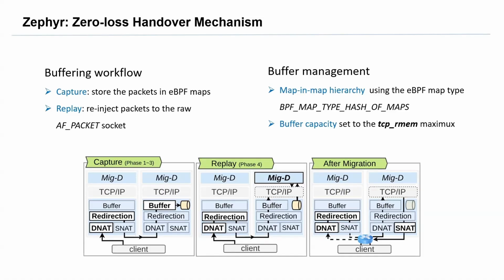For the buffer capacity, we set it to the TCP rmem maximum, which is the system parameter in the Linux OS that upper bounds the packets the sender can send during the connection.